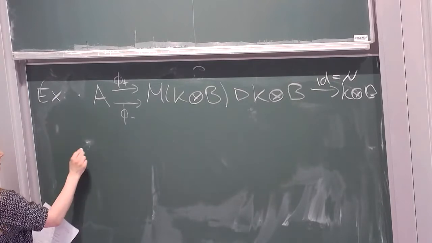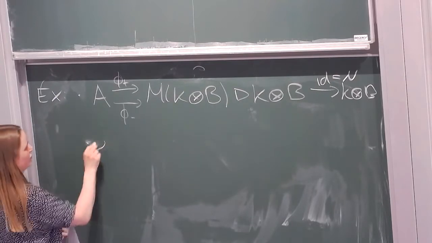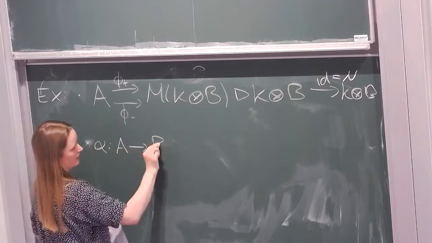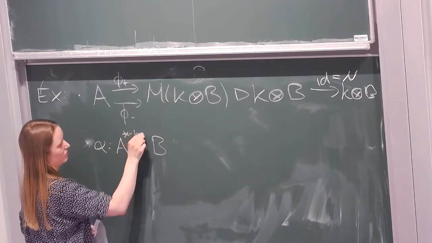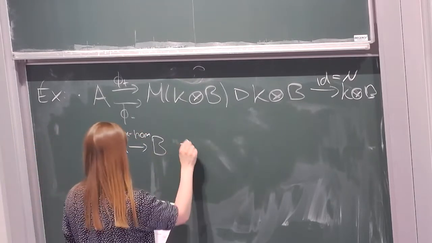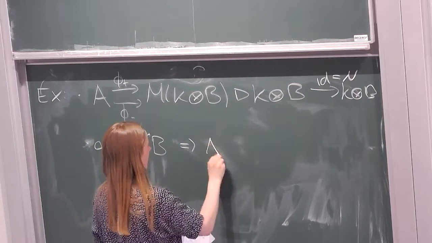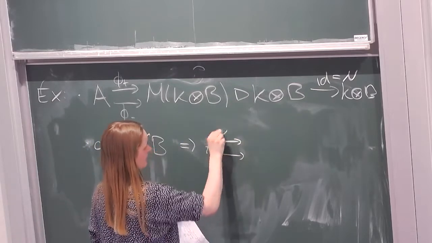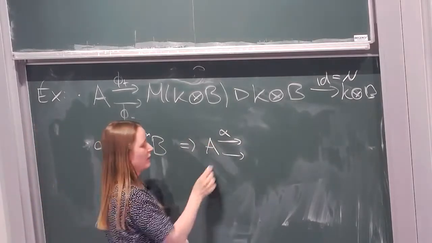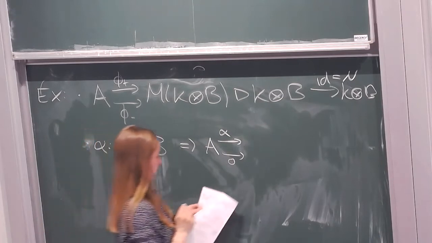A more easy example is, of course, if you have just a star homomorphism from A to B, two C-star algebras, then we take one of these star homomorphisms to be alpha and the other one to be 0.